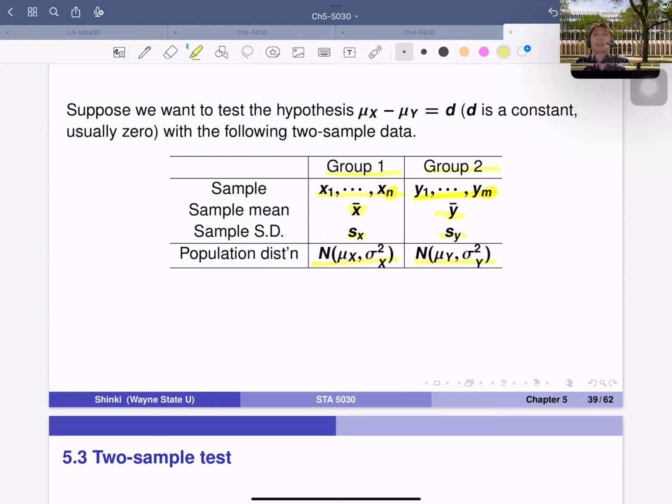So in such a case, we should have a larger number of observations from group 1. If sigma x is much larger, maybe we want to make n much larger than m. But if these are similar, maybe it's more effective to choose similar numbers, n and m similar. But sometimes we cannot.